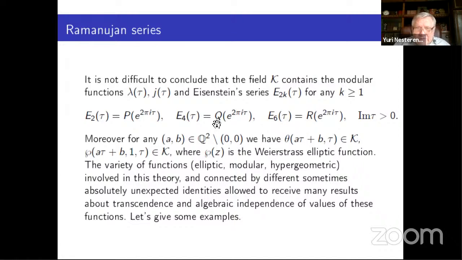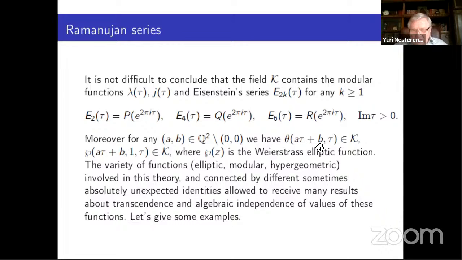Moreover, these functions are defined in the complex upper half plane. Moreover, for any rational numbers a and b, the theta function is a function in two variables, z and tau.